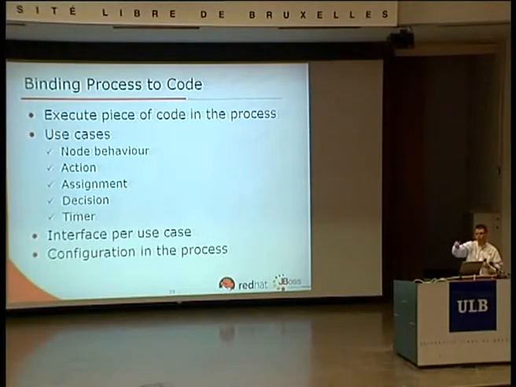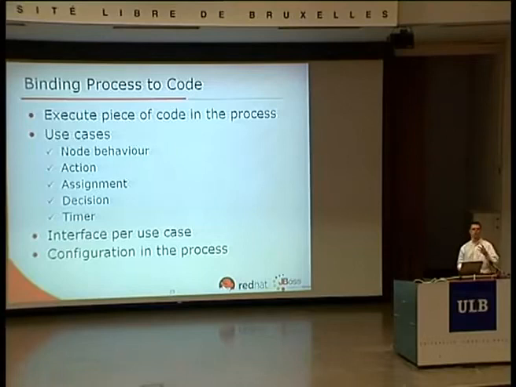For instance, on taking this transition, I want to execute a piece of code. Or when you leave this node, that's not really related to the graphical structure. You just add a kind of listener, like when the execution goes over this transition, execute this piece of code. Also task assignment, decisions and timers are good examples of use cases for binding Java to your process.